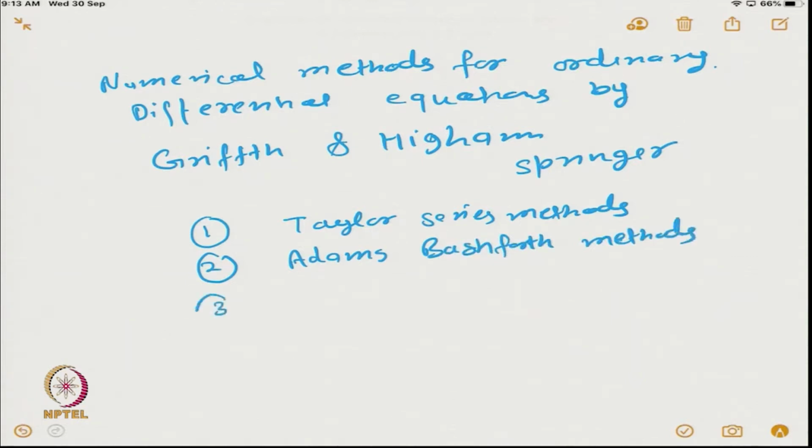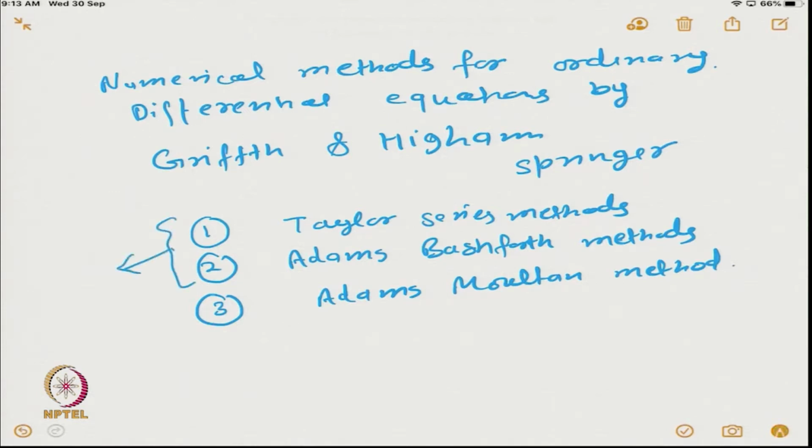And after that we looked at Adams-Moulton methods. Taylor series methods and Adams-Bashforth methods were the category of explicit methods.